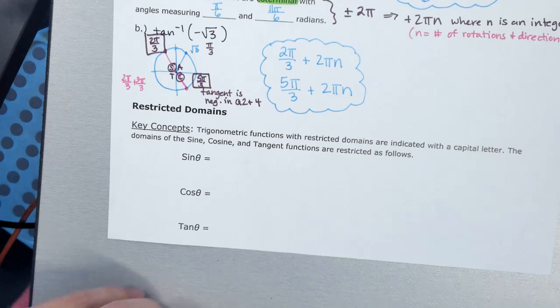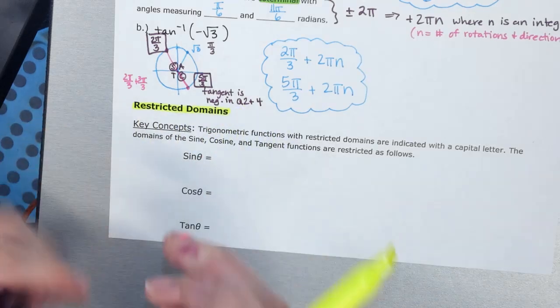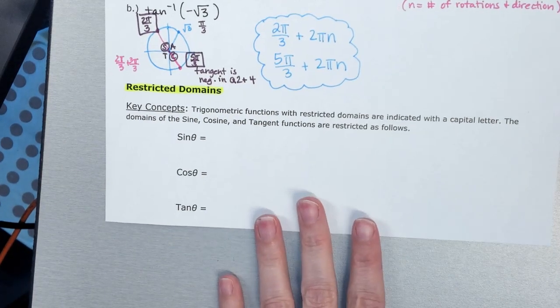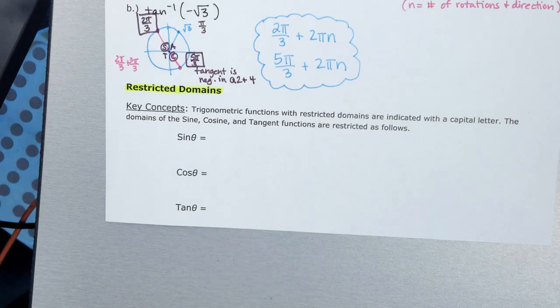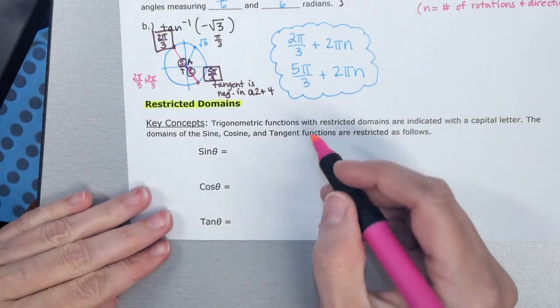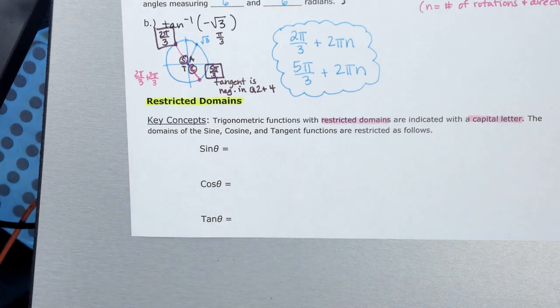All right, now we're going to talk about restricted domains. So we restrict domains so we can have one-to-one functions. That way when you plug something in, there's only one thing you can get out. So for trigonometric functions with restricted domains, we use a capital letter.